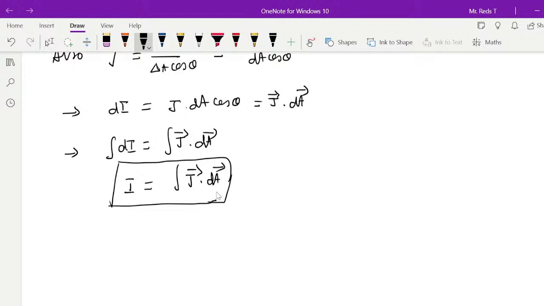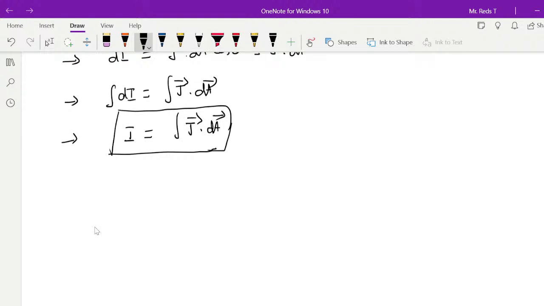You can also write it as Jx dx plus Jy dy plus Jz dz, etc. The simplification of this gives you the current. While doing numericals, you have to make use of this, even in NEET, JEE. From this, we can write the units and dimensions of current density in simplest form. Let us see here, units and dimensions of current density.